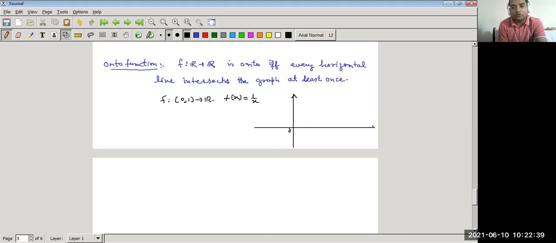This is 0, this is 1, infinity, this is minus infinity, this is the y-axis, this is the x-axis, and this is 1. So the graph of this function is like this.